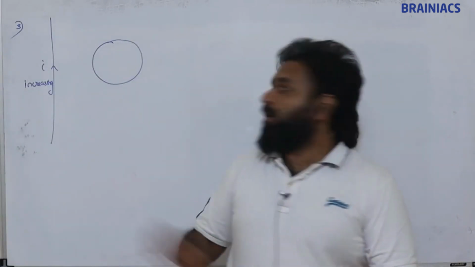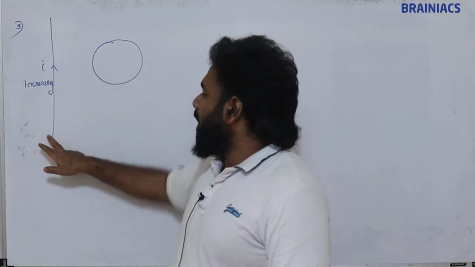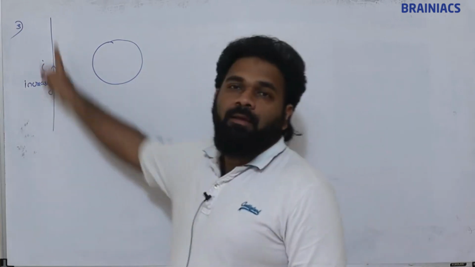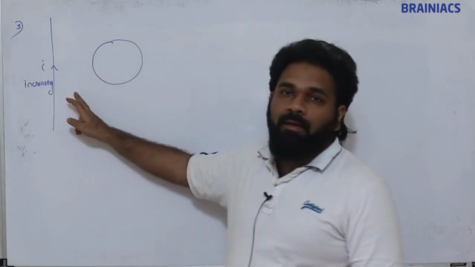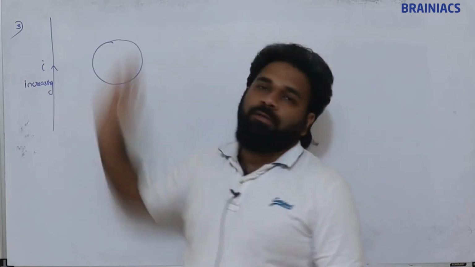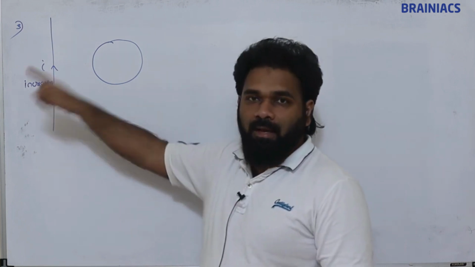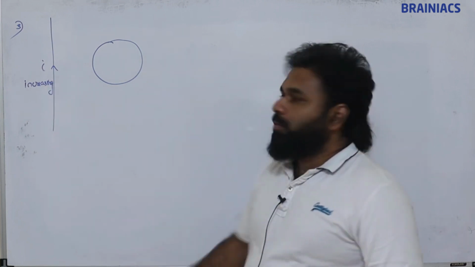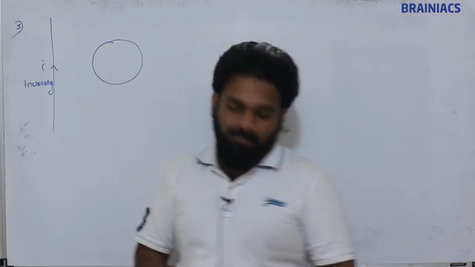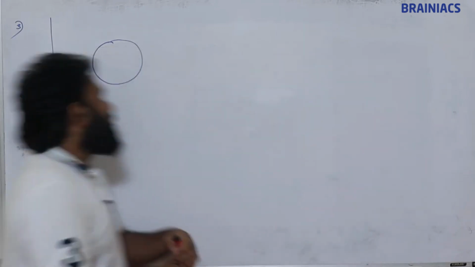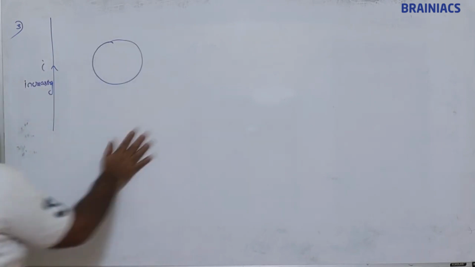Now another question. A conductor carrying current, in the upward direction, and the current is increasing. If the current is increasing, what will be the direction of the magnetic field here?